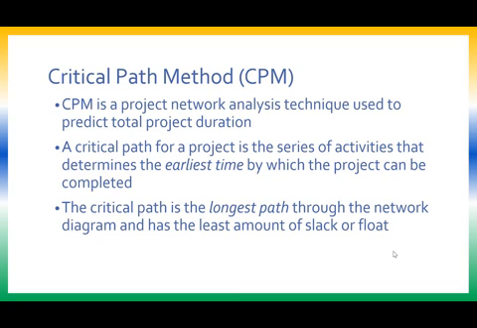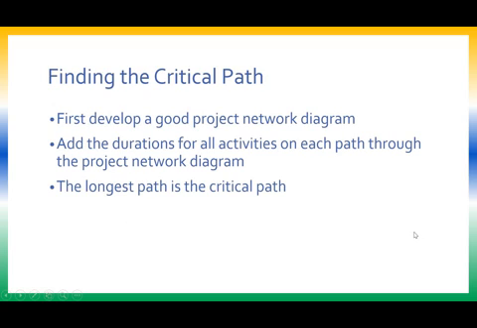And in the critical path method, our basic goal is to identify all the critical activities that lie on the longest path and identify the total project duration, or the duration required for the completion of the project. So how do we find the critical path?